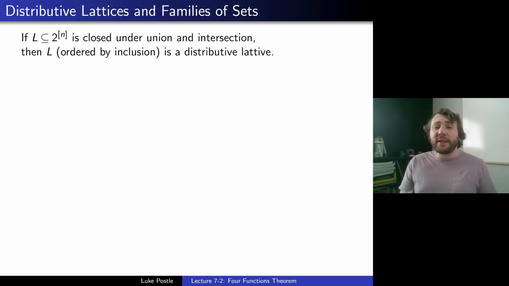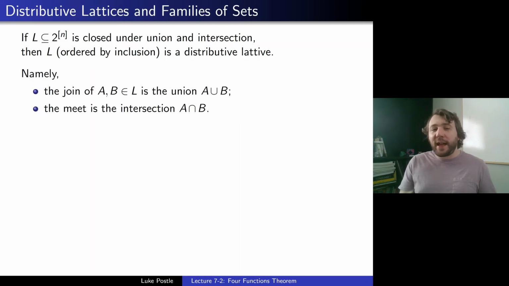If L is a set of subsets of n, and it's closed under union and intersection, then if you order it by inclusion, that will make it partially ordered, then it's a distributive lattice. So why is that? Well, namely the join of A and B would be the union, and the meet would be the intersection. So it's easy to see that families of sets give rise to distributive lattices.